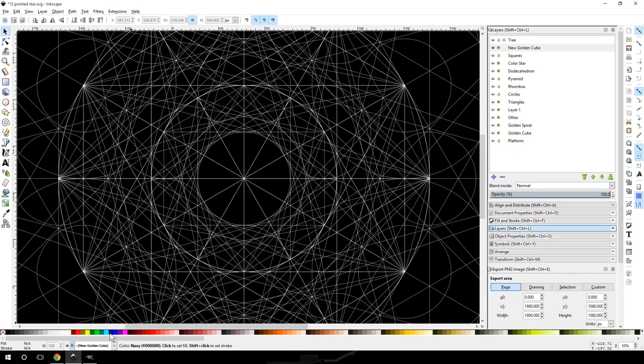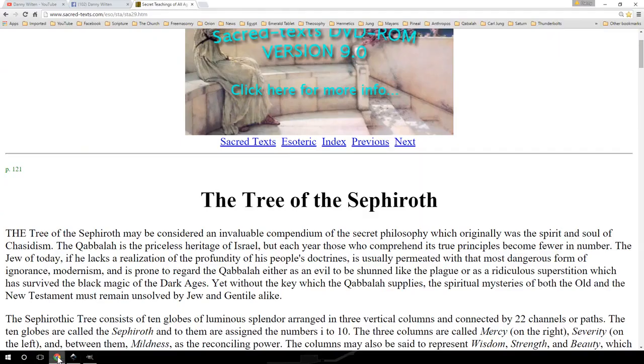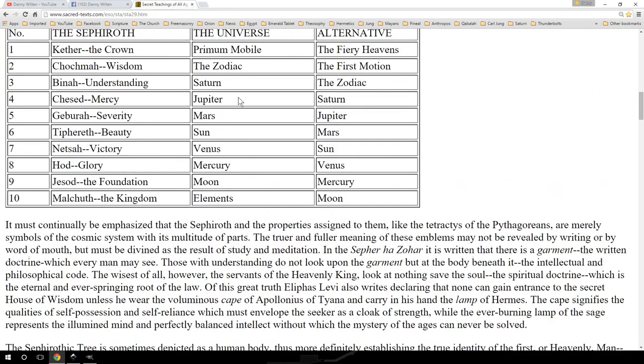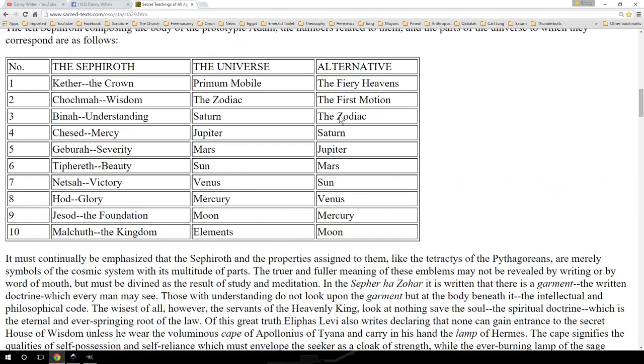So if we come over to this tree, we have Earth, depending on the alternative you're looking at. We have Moon, Mercury, Venus, Sun, Mars, Jupiter, Saturn, the Zodiac. But really it's Earth, the Moon, then Mercury, then Venus, then the Sun, then Mars, then Jupiter. Saturn, I don't think belongs in there, and I think this diagram almost shows it.